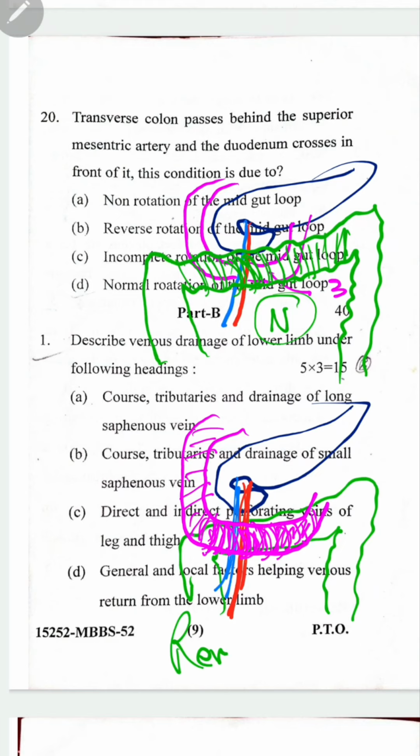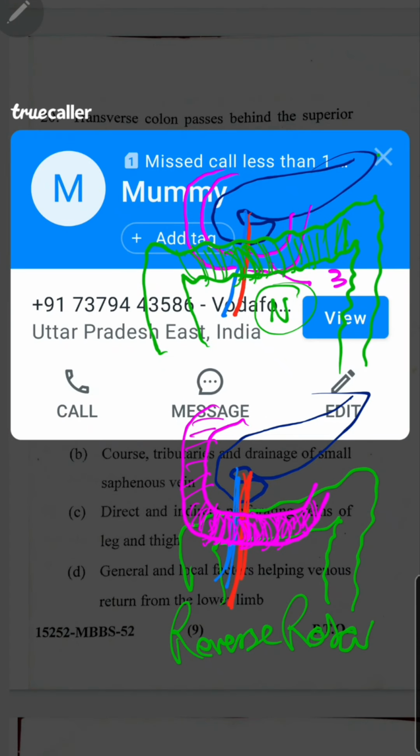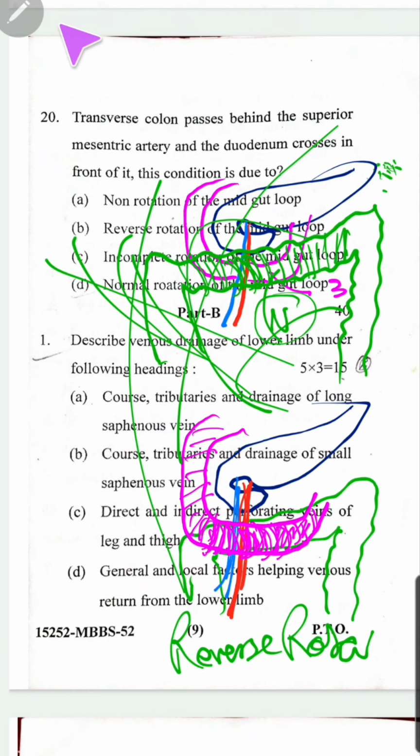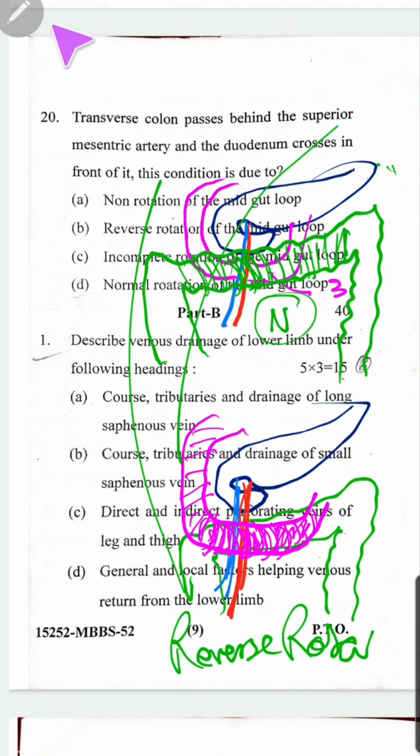Reverse rotation. So, reverse is happening, that duodenum comes in front and the transverse colon behind. This is called reverse rotation.